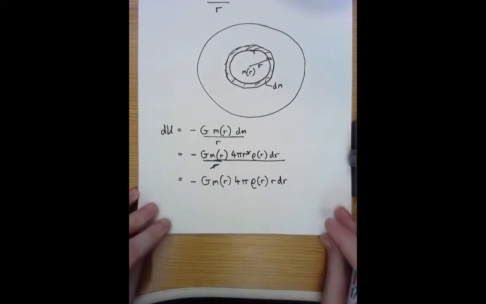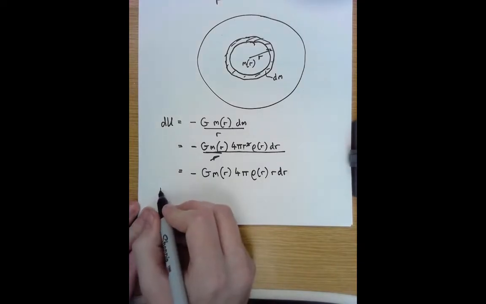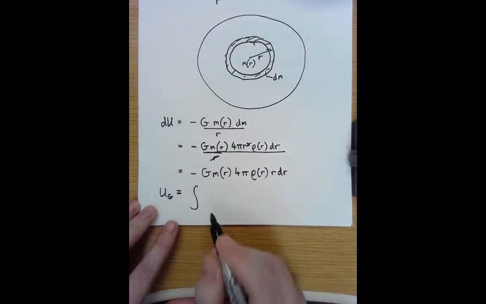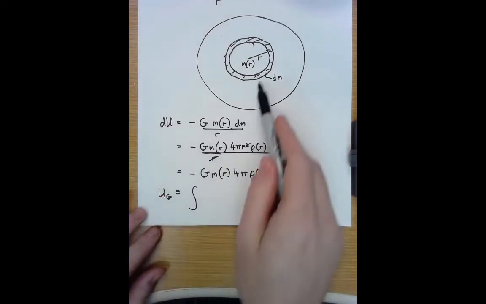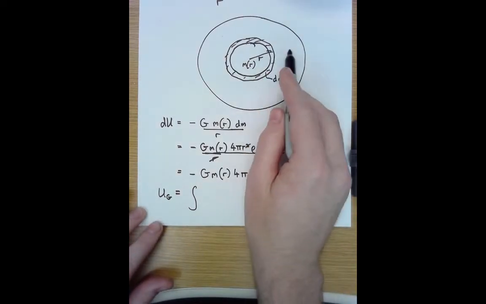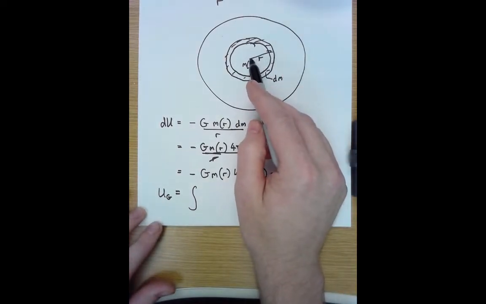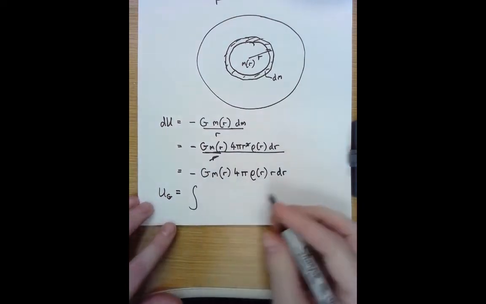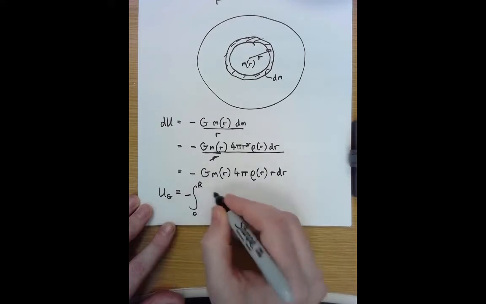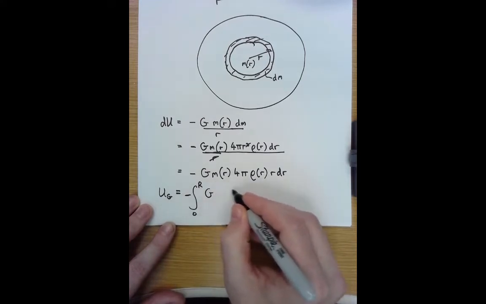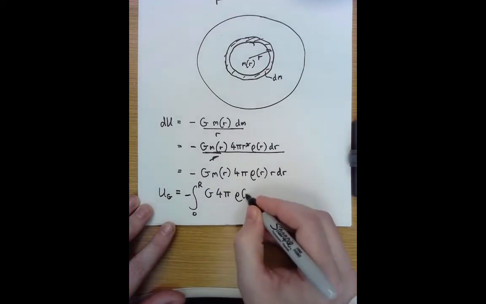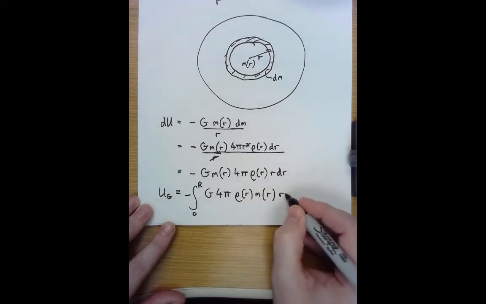So the total gravitational potential energy of the star is just the sum of all the potential energies that we get from adding successive shells on as we work our way constructing the star from the center out to the surface. So we just integrate this from 0 to the surface. It's minus G. Let's write the constants first, and then rho of r, m of r, r dr.